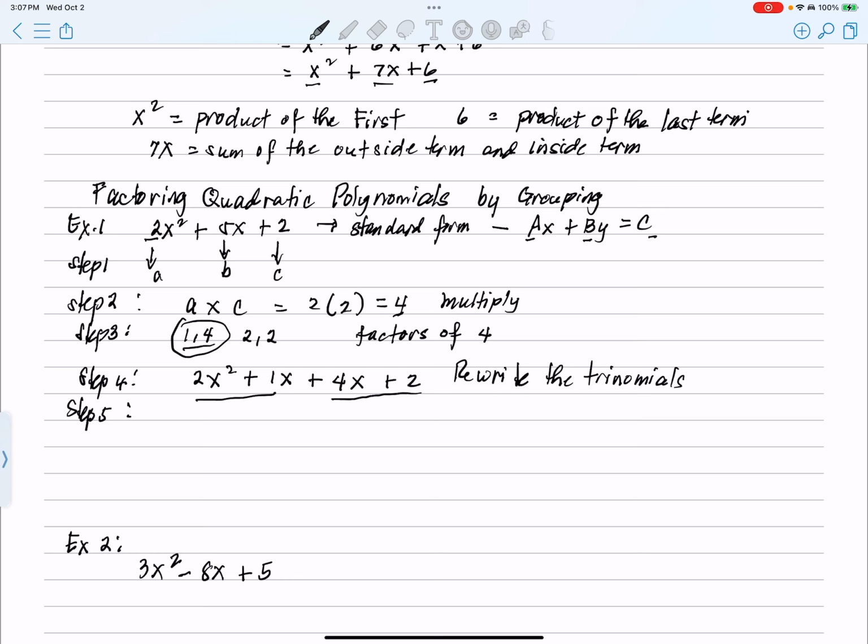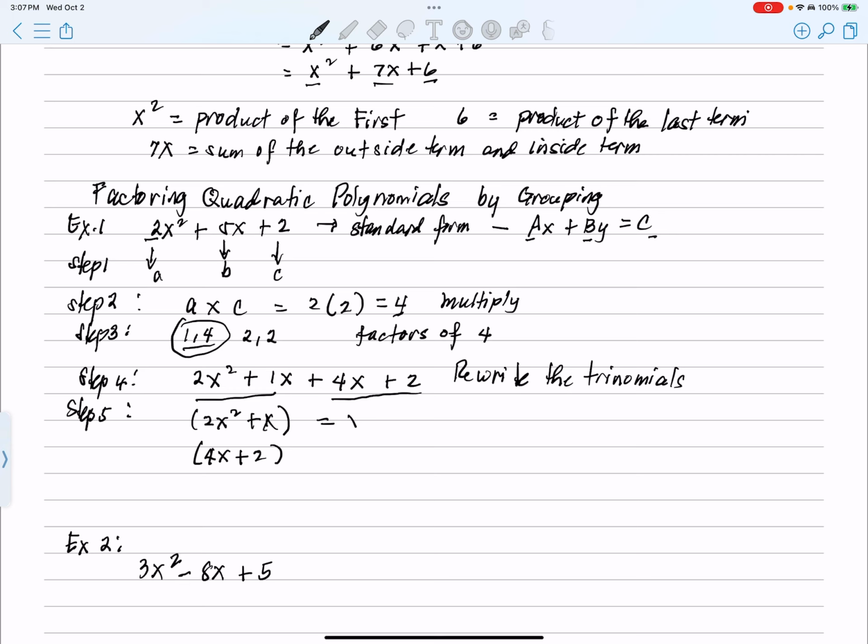So I'm gonna write this here. 2x squared plus x and 4x plus 2. I did grouping and factor. So what is common in 2x squared plus x?